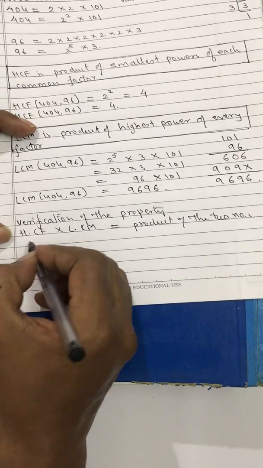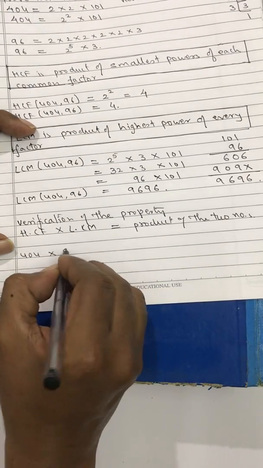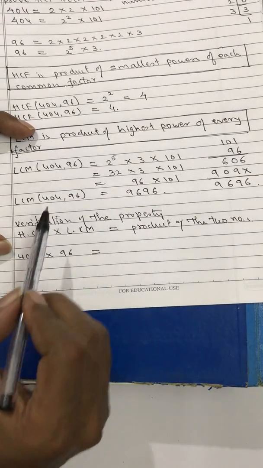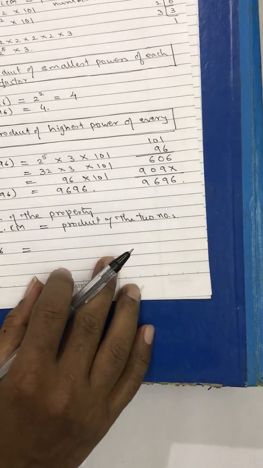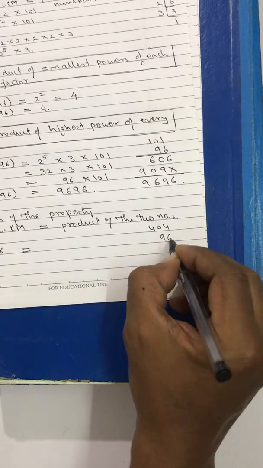That's what you are going to do over here. The numbers are 404 and 96. We have found the LCM and HCF of 404 and 96. First I have to multiply 404 and 96, so what I will get is 404 into 96.